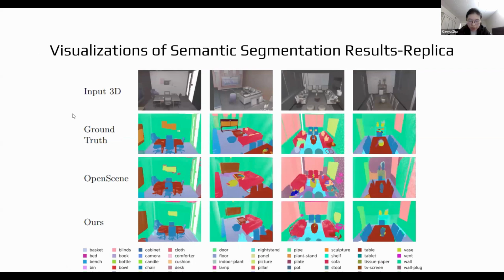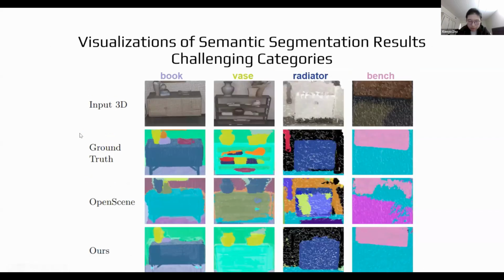And next, we show some visualizations on the Replica dataset. So we observe that our model achieves a better performance than the OpenSing baseline. And next, we visualize some semantic predictions for challenging categories. By challenging categories, we mean that they don't belong to the common categories, and they have a very small number of training data.